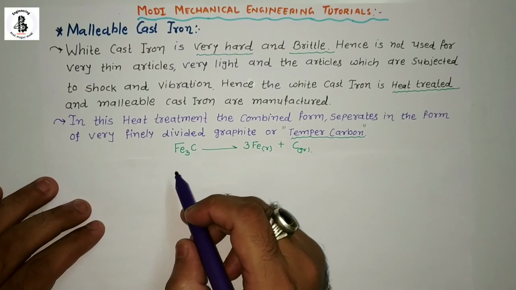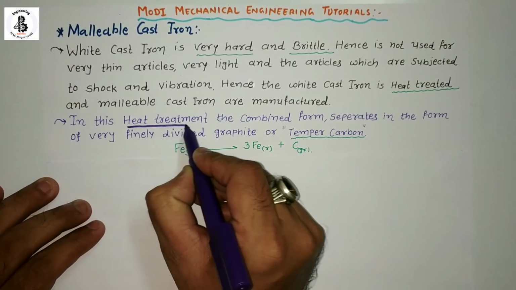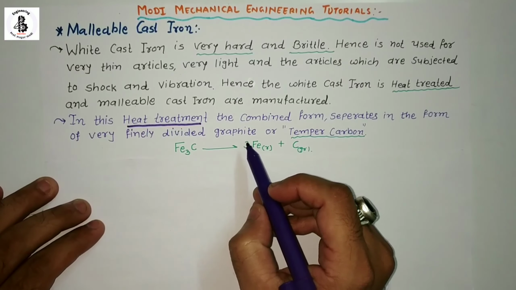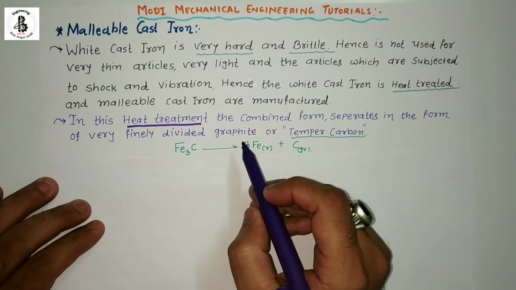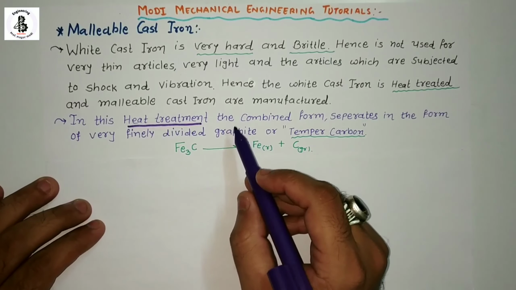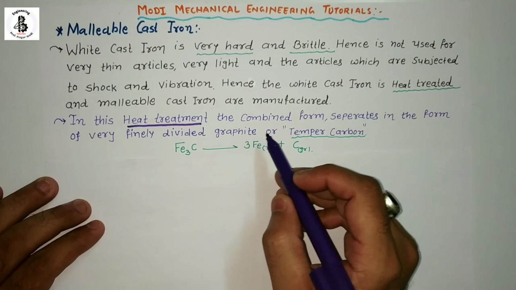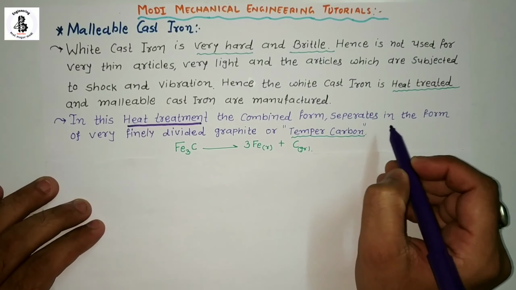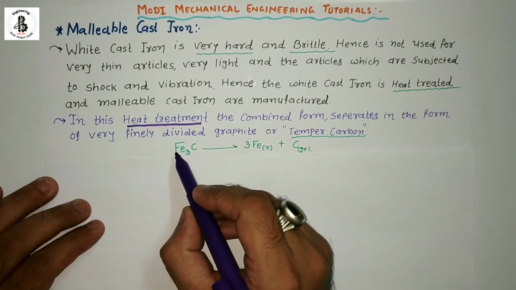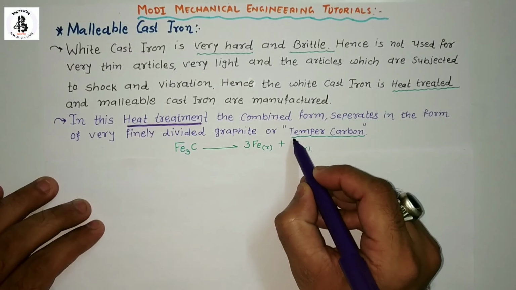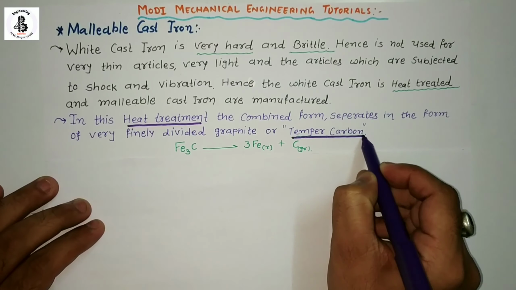By the application of the heat treatment process, the white cast iron will be converted into malleable cast iron. In this heat treatment process, the combined carbon separates in the form of very fine dividing graphites, which is known as tempered carbon.